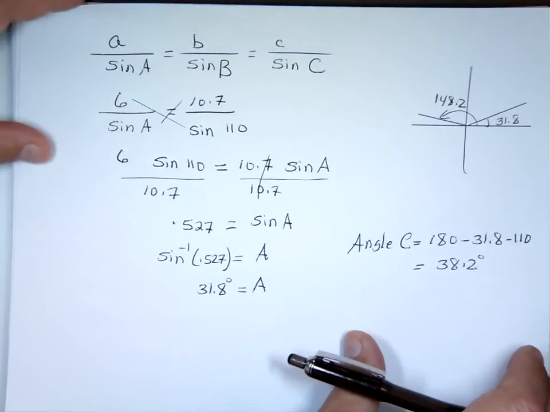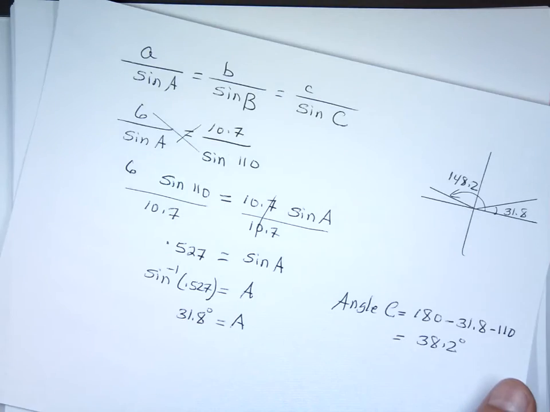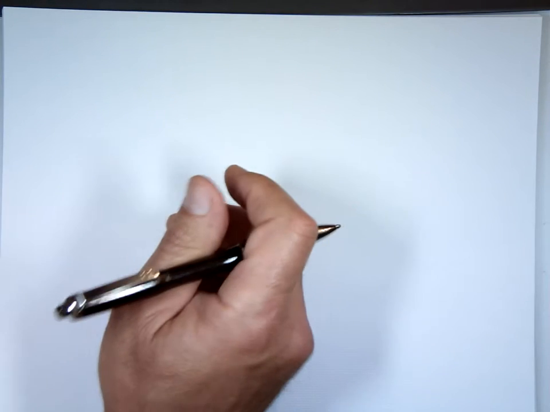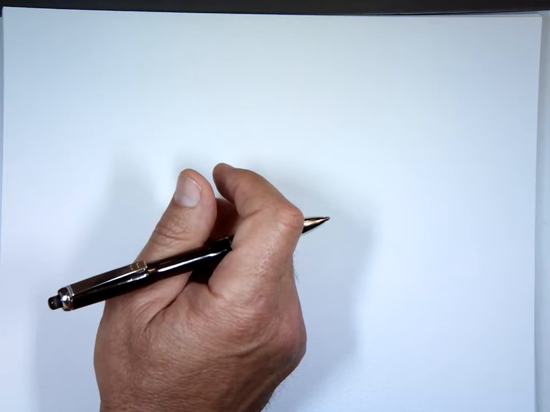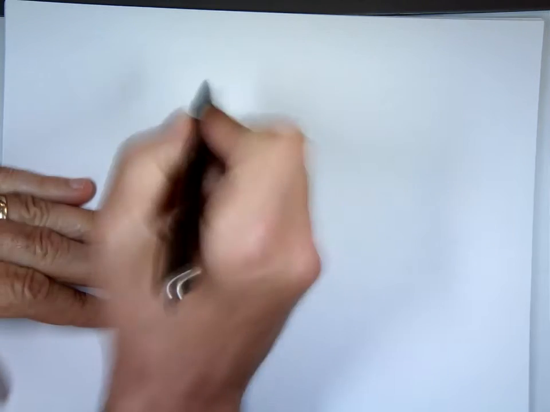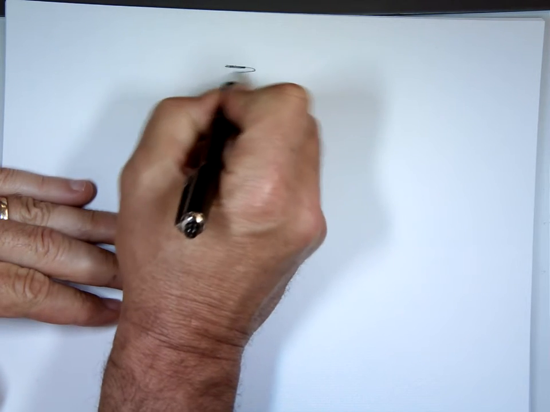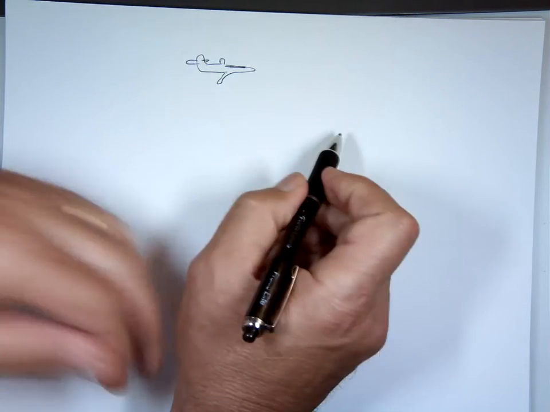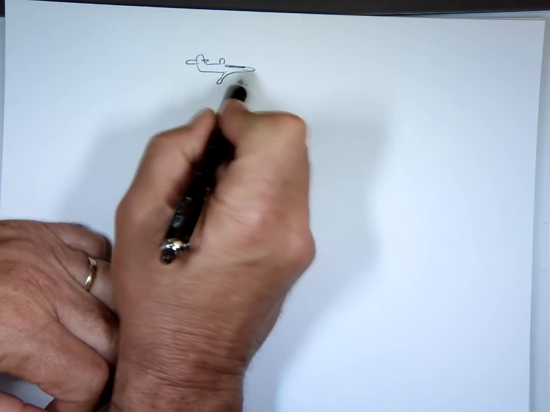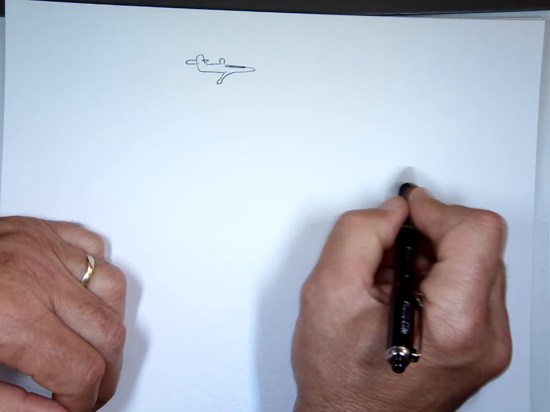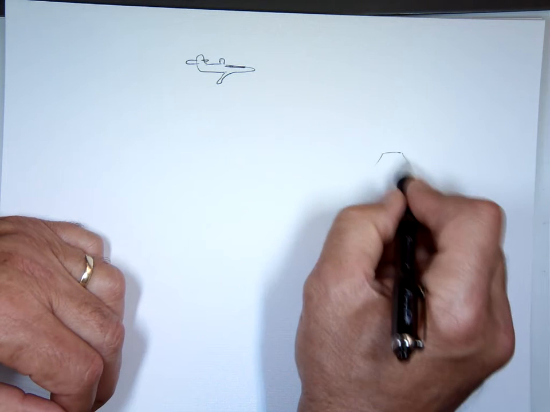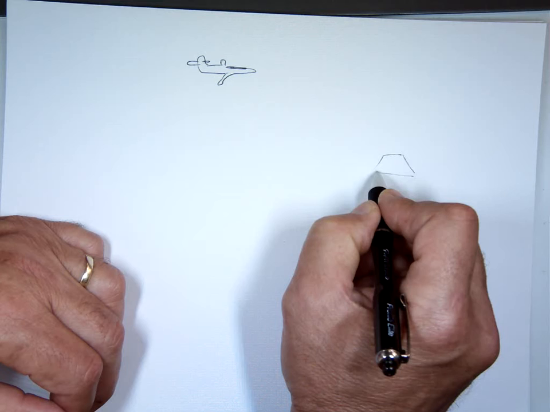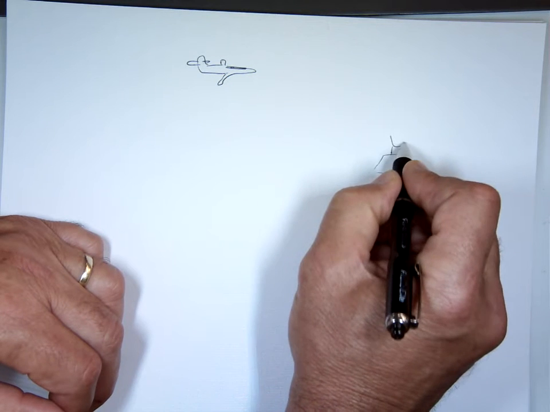Let's take this example. There's an airplane flying. An airplane is talking to a tower. Here's the tower here, to the ground. This is the tower.